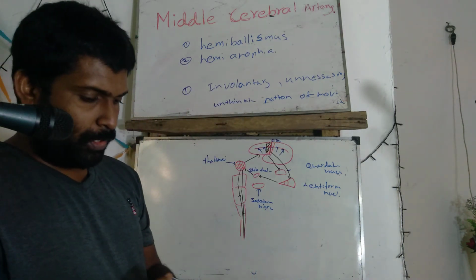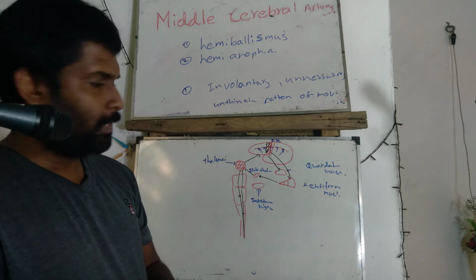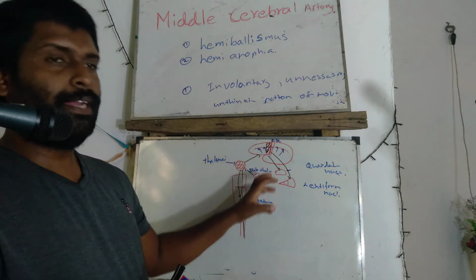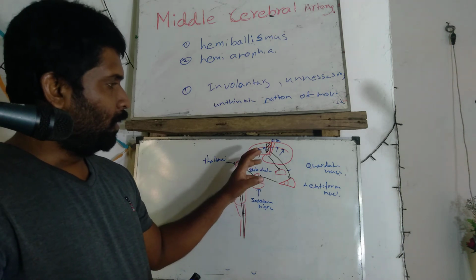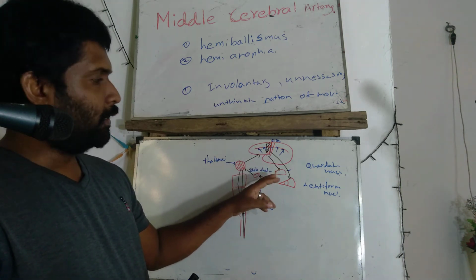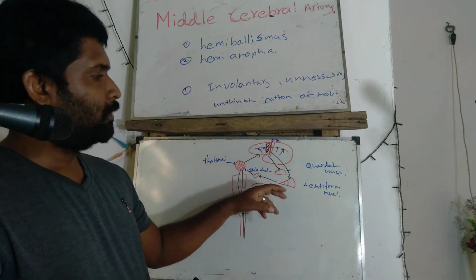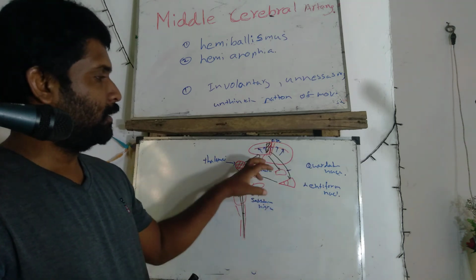Then we are going to talk about the damage inside this area. The most important thing is the axonal secretion in this area.